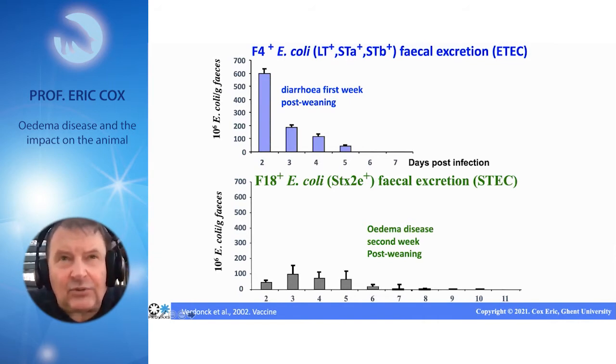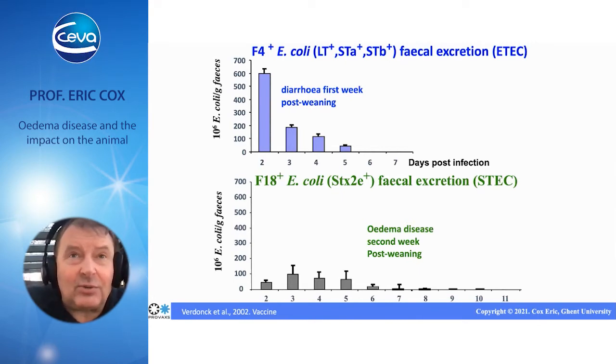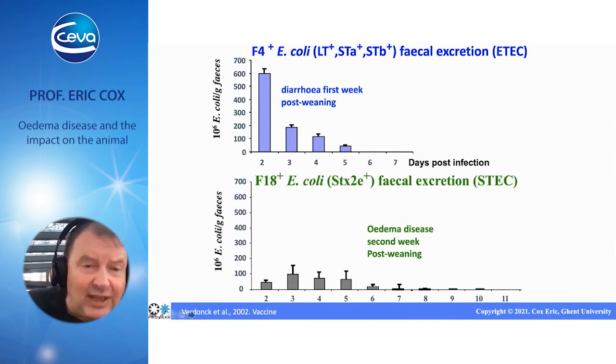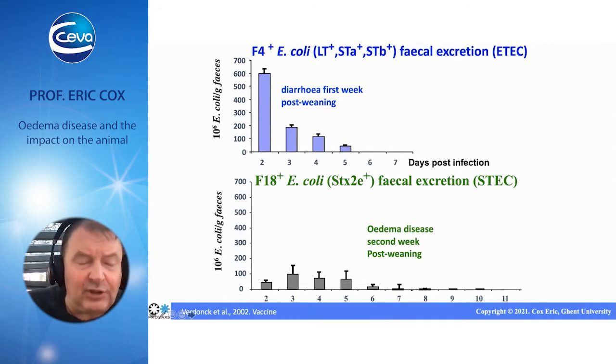And if you go on a farm and you have a problem with Oedema disease, then it's no problem to isolate the bacteria 6, 7, sometimes 8, 9 weeks after birth. So 3 to 4, 5 weeks after weaning. It has to do with the fact that these bacteria colonize much slower. So the interaction is more difficult, and it has to do with the intimate interaction.